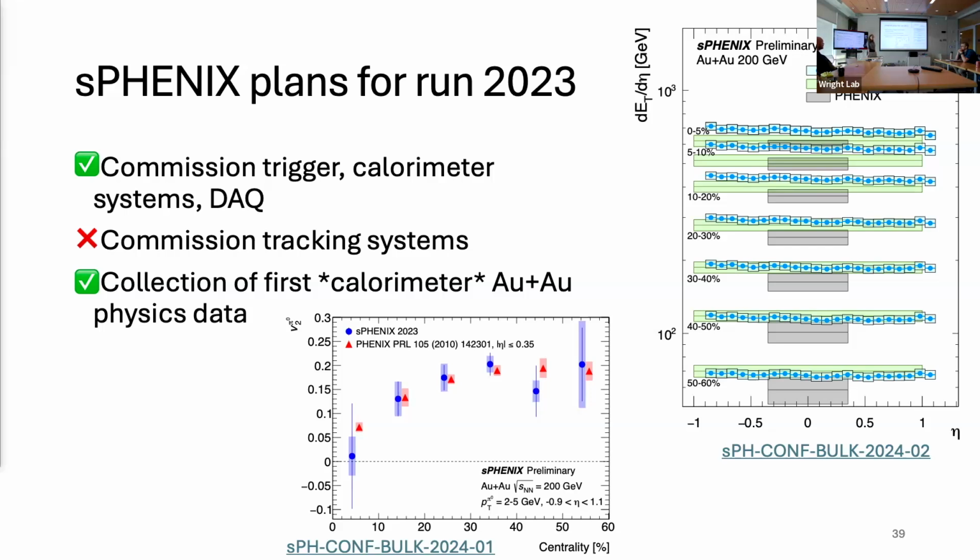And we think that we should be able to, with a combination of some additional steering from the RHIC side and also some updates. So the background for the gold run is in the MVTX. Basically what happens is that particles hit the MVTX and it overwhelms the readout and then it can't read out anymore.